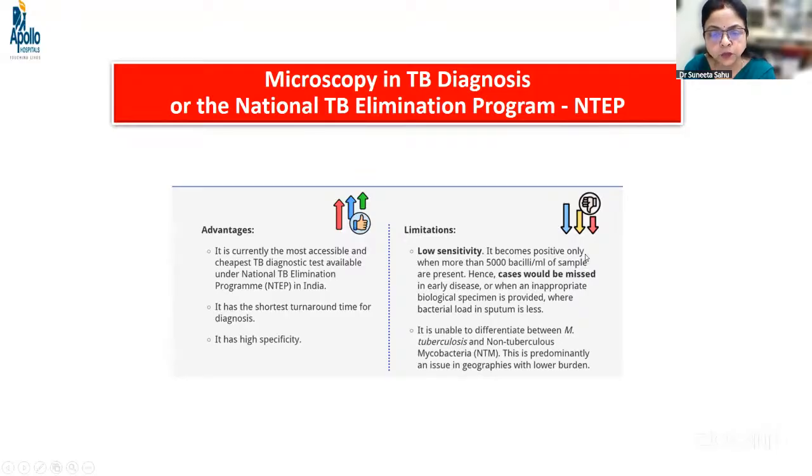It becomes positive only when there are more than 5,000 bacilli per ml. Hence, cases would be missed in early disease or when an inappropriate specimen is provided, where the bacterial load in sputum is less. Another limitation of microscopy for tuberculosis is that it is unable to differentiate between Mycobacterium tuberculosis and non-tuberculous mycobacteria.